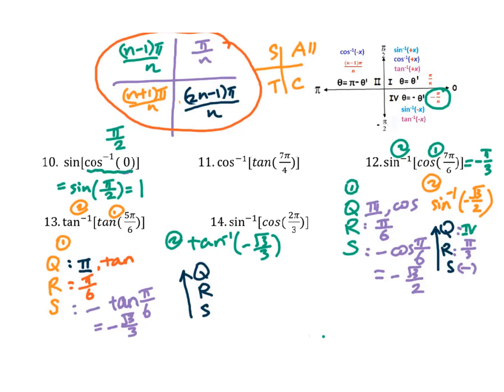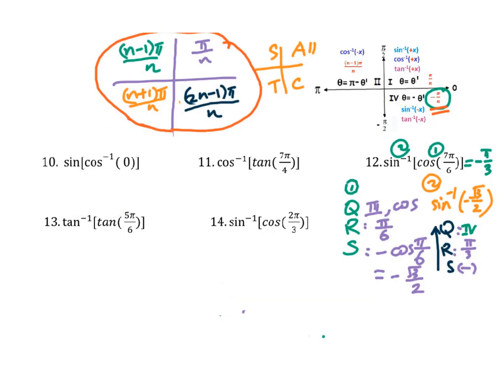We got domain, here's a negative, reference angle pi over 6. And a quadrant, go to inverse, that's a fourth quadrant. Pattern will be negative pi over n means negative pi over 6. So negative pi over 6 will be the answer. Now let's go to number 14.